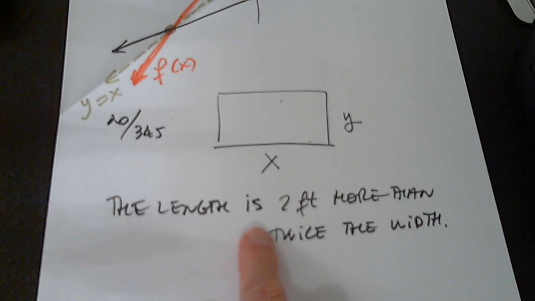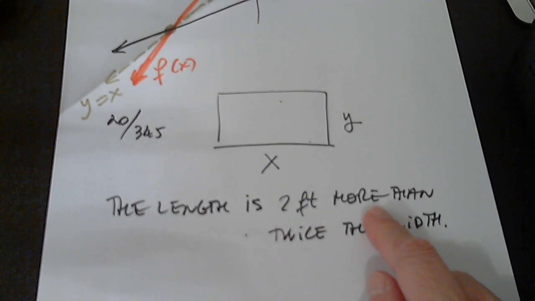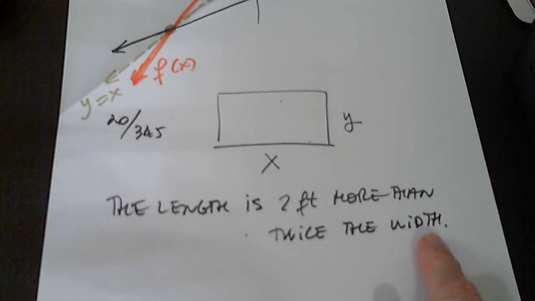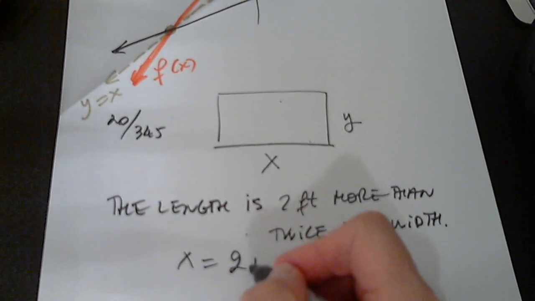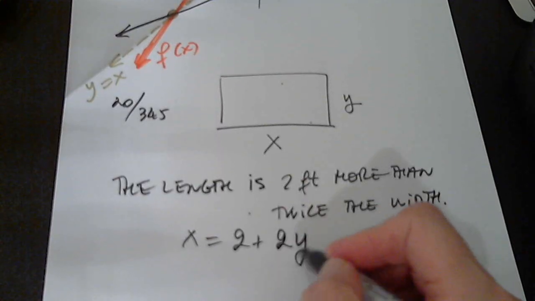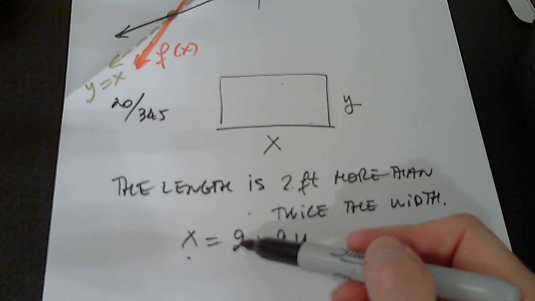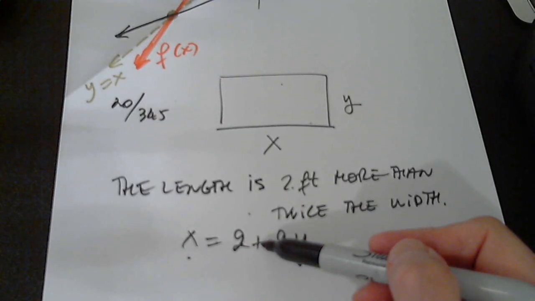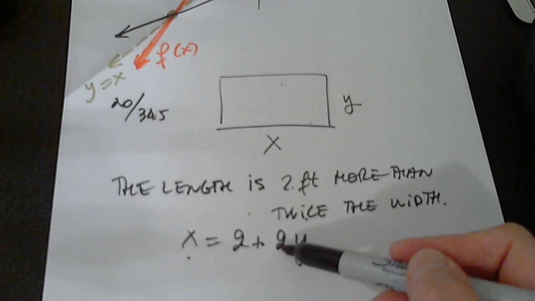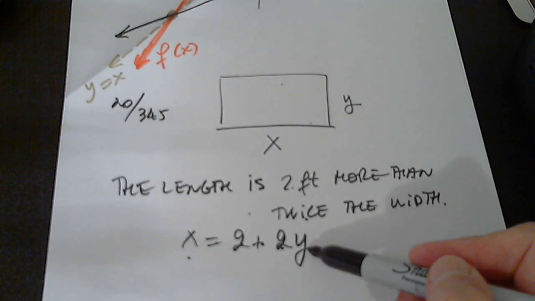The length is 2 feet more than twice the width. How do I write that? Would it be x equals 2 plus 2 times y? Excellent. The length is 2 feet more than twice the width.